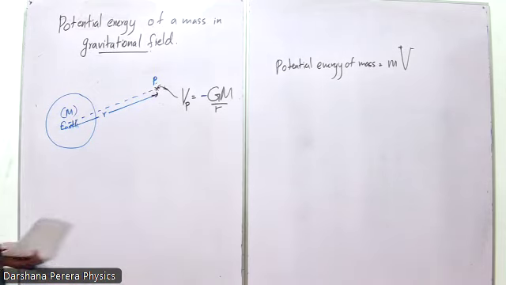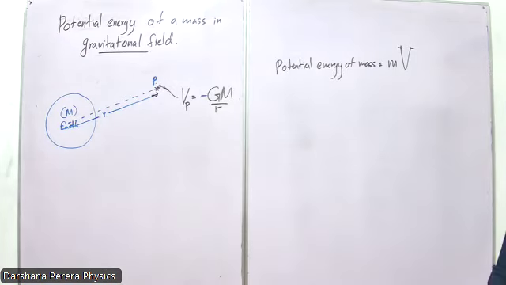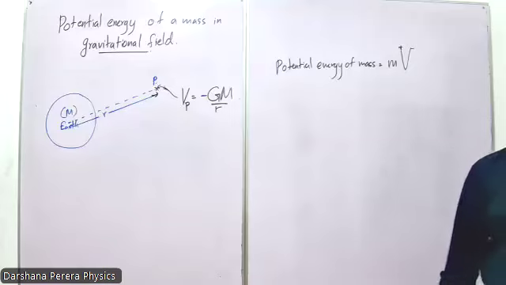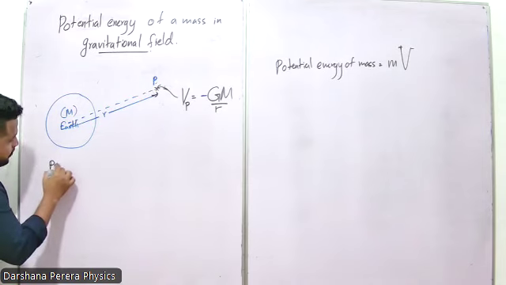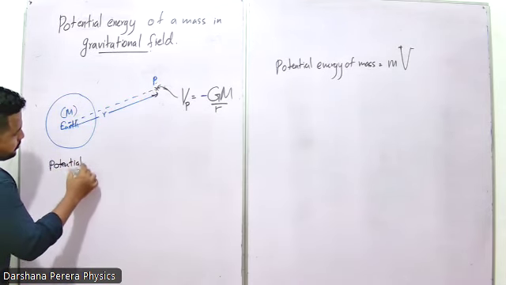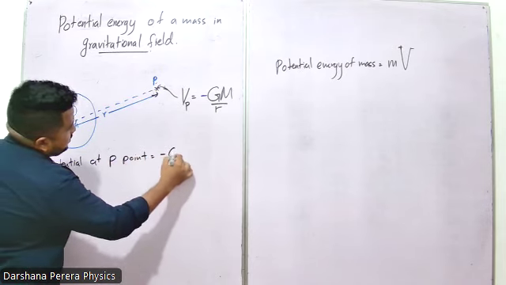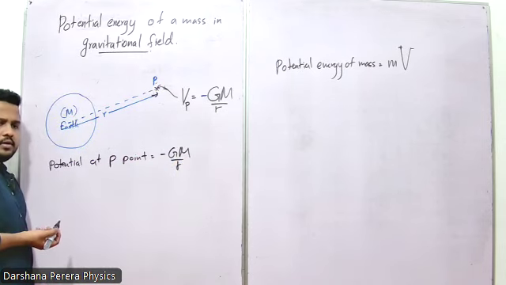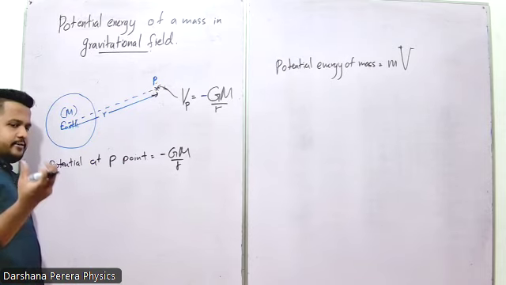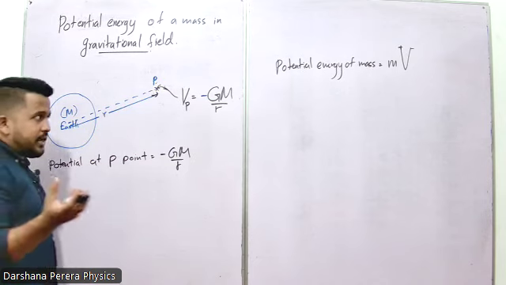Draw this one and write this one. Potential at P point equals minus GM over r. Then I take a mass m to this point.